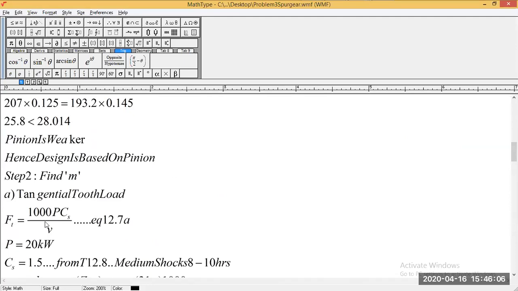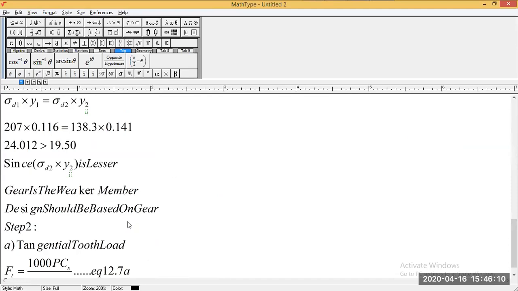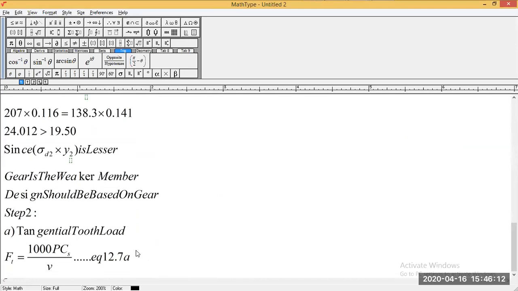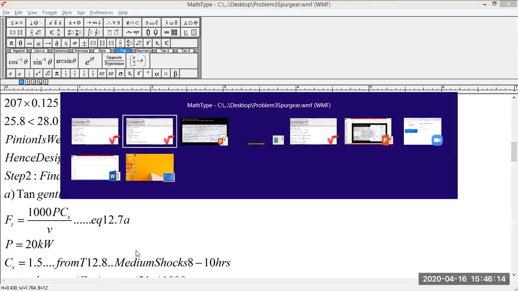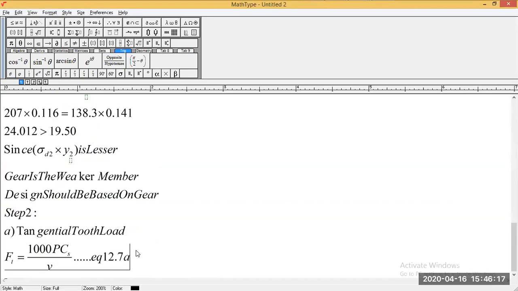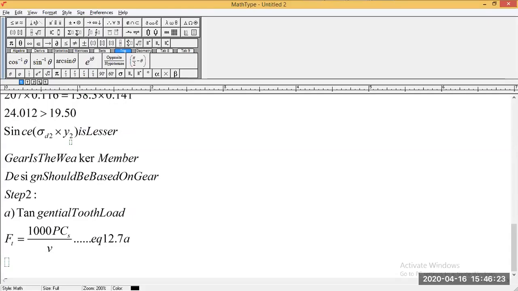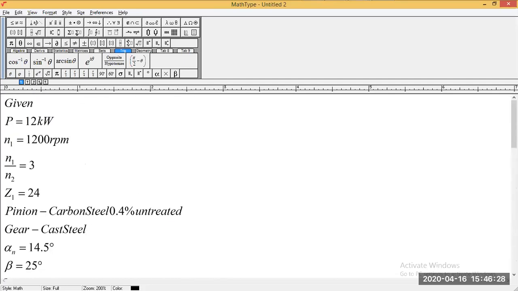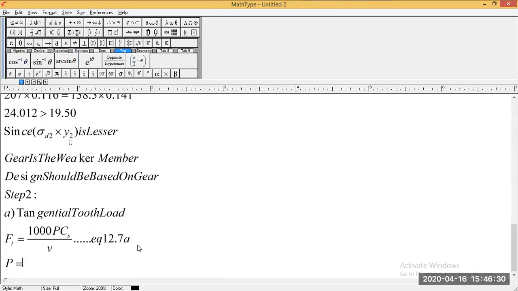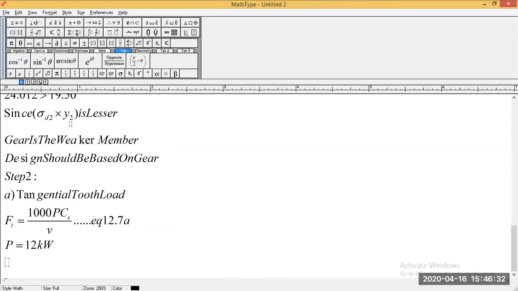Just copying this from the previous problem. Right. This is given as 12.78. It's similar to the one which we used in the spur gear. You can see here. Okay. So let's do this. So P is already known. 20, not 12. 12 kilowatt. Then service factor CS. Service factor.